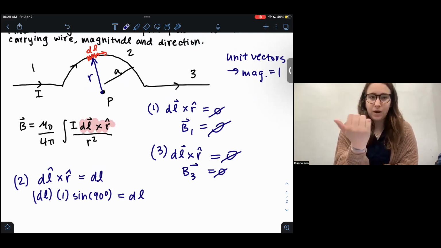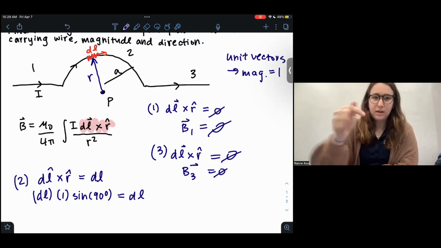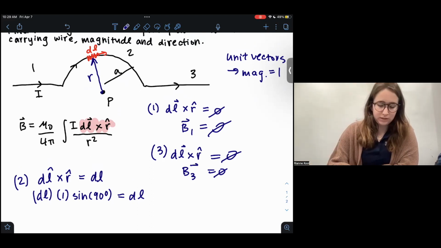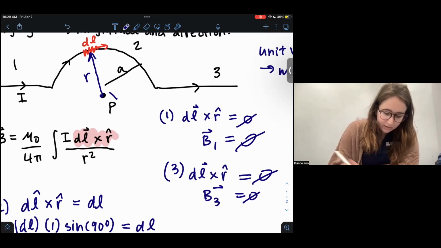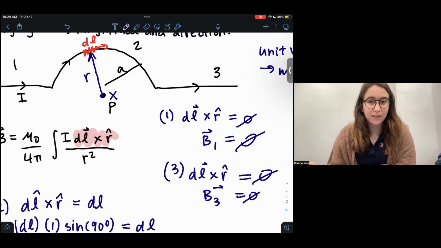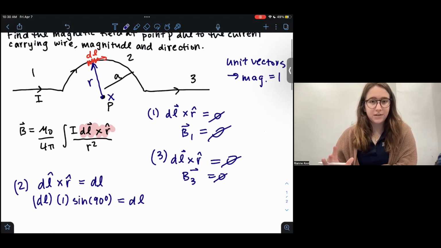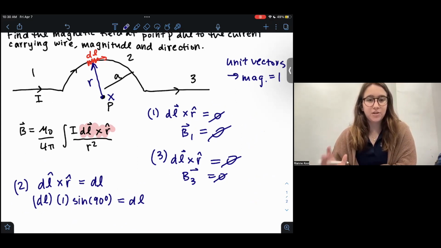If I have my right hand pointing towards the dl vector and I'm pulling my fingers towards me, it's going to go into the board at point P. So we can say that B is going into the board like that. So now we have a nice direction with that too. Now let's solve the actual integral and set it up.